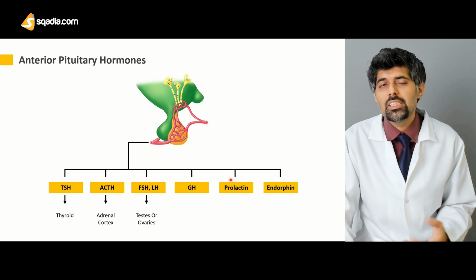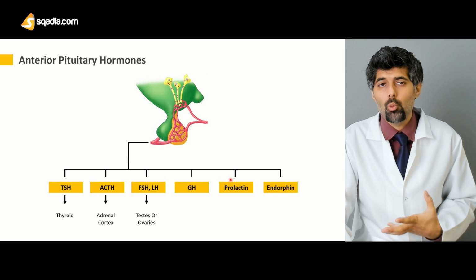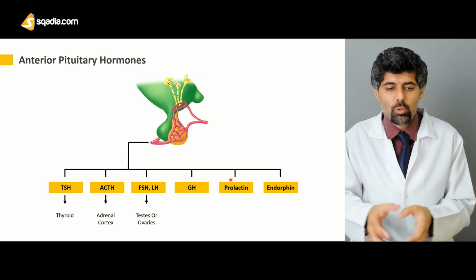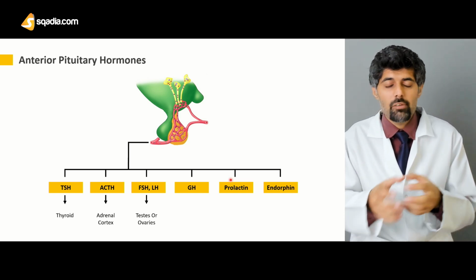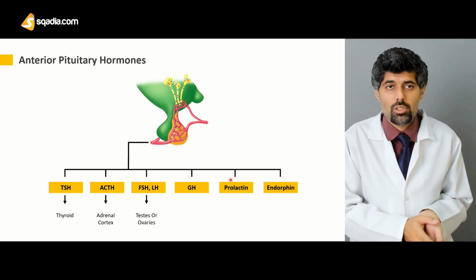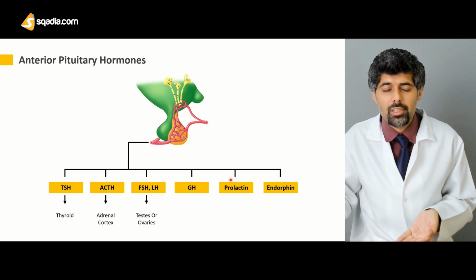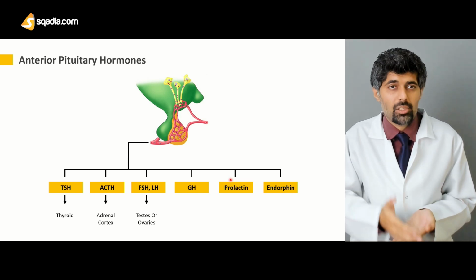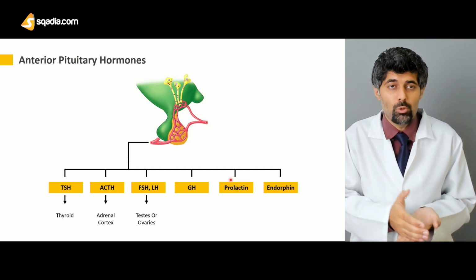Then we have the FSH and LH, FSH being the follicle stimulating hormone and LH being the luteinizing hormone. Now, both of these hormones have to do with the reproductive system. In females, these hormones affect the maturation of the ovarian follicle. They also affect the formation of the corpus luteum. They also control the rate and the amount of ovulation.